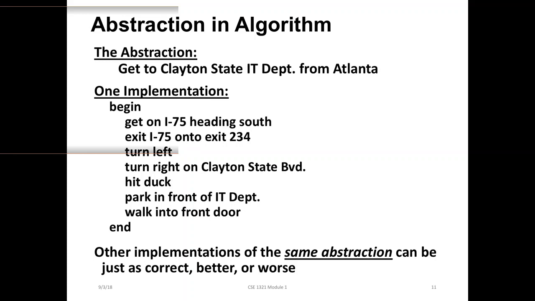For instance, go to I-75, then head south, then take exit, for instance, 234, and turn left. This is the process, one kind of implementation. There may be another kind of implementation.